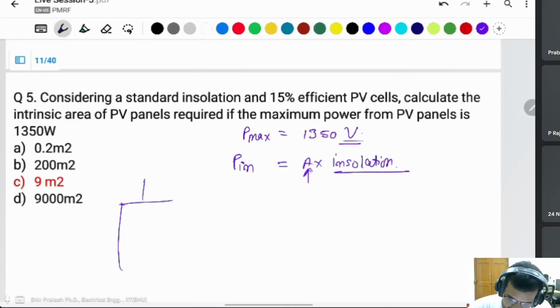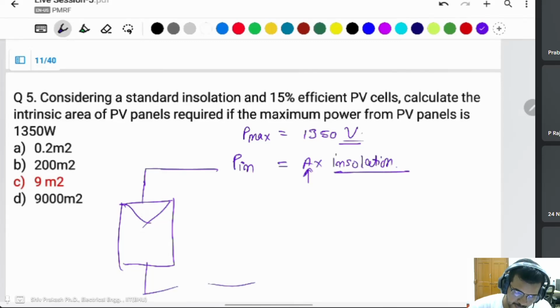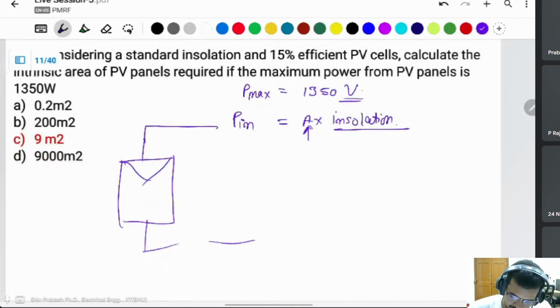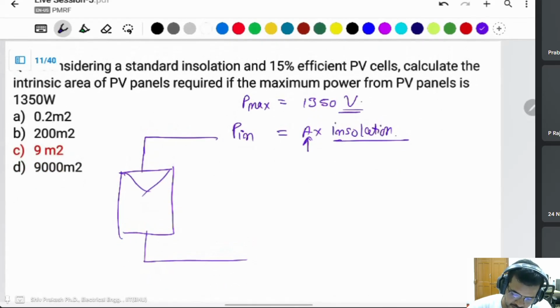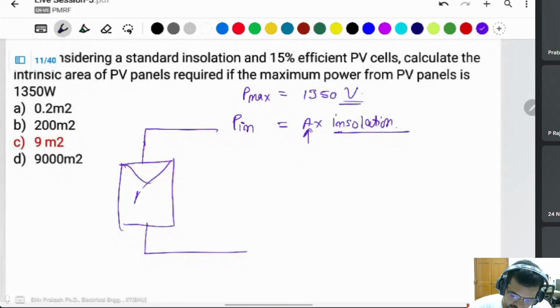Like this is a PV cell. This is the area, in meter square. Calculate it.